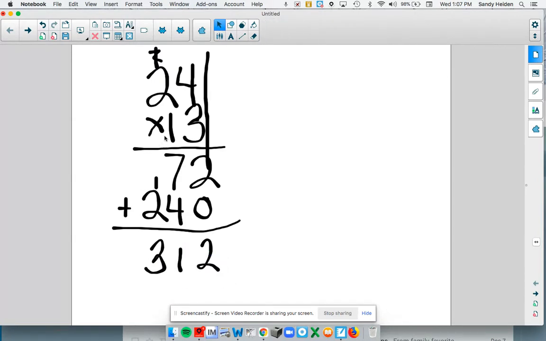So I had a decimal here. Let me get my writing again. And I had a decimal here. I got to count both numbers. So 1, 2, 3. I'd put the decimal here.